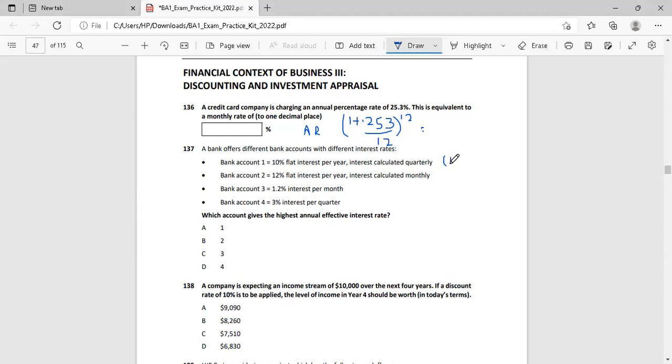Let's work it out with the same logic. 1 plus 10%, that is 0.1. Interest is calculated quarterly, so 0.1 divided by 4, for 4 times, whole to the power of 4.